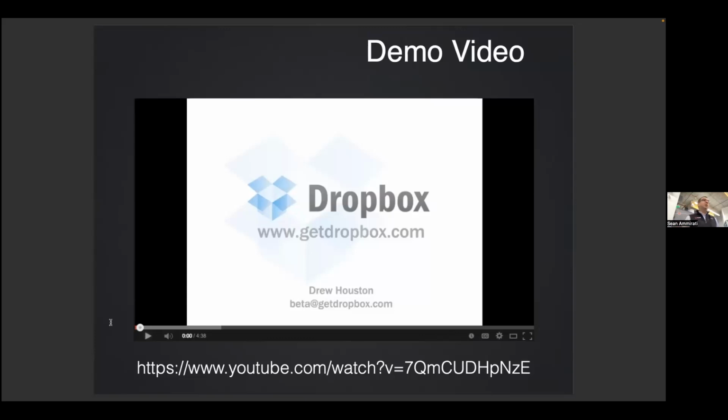And so when Drew would go and talk to people about Dropbox, they would quickly come back with, oh yeah, I'm familiar with that. That's kind of like Yahoo File Share, but it was really nothing like Yahoo File Share. So he used a piece of software called Camtasia to basically cut a version of Dropbox that made it look like Dropbox worked before he built it.